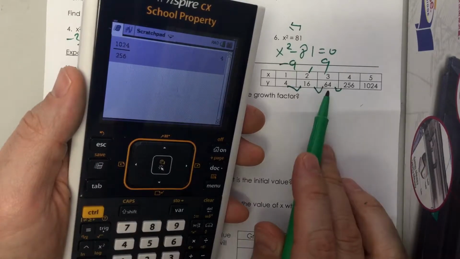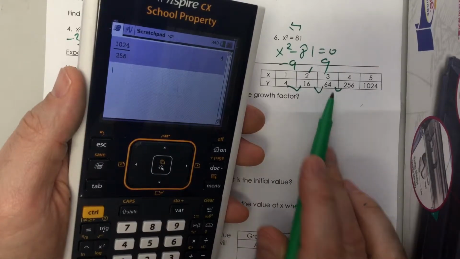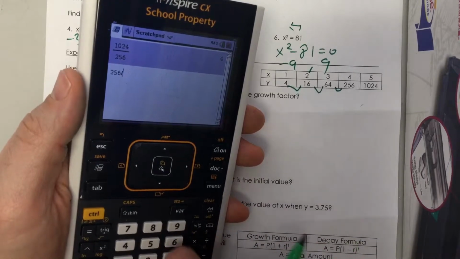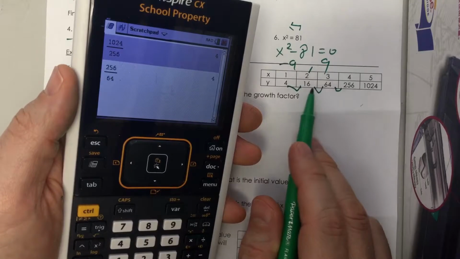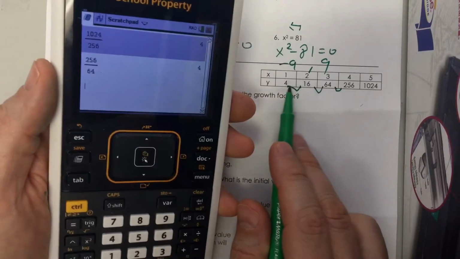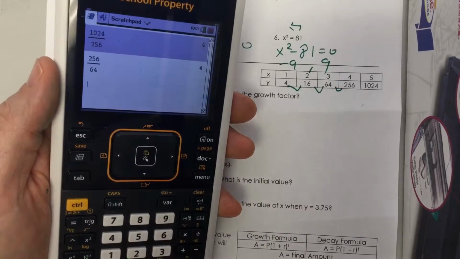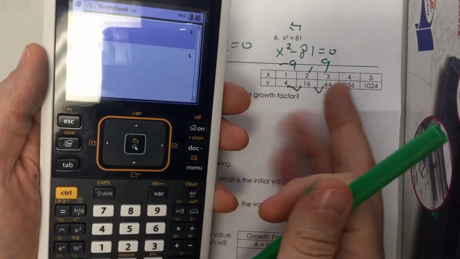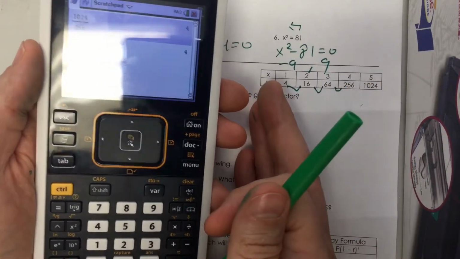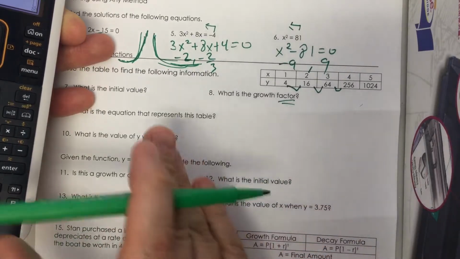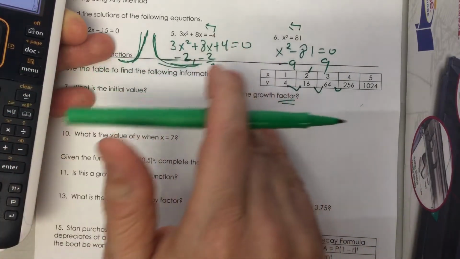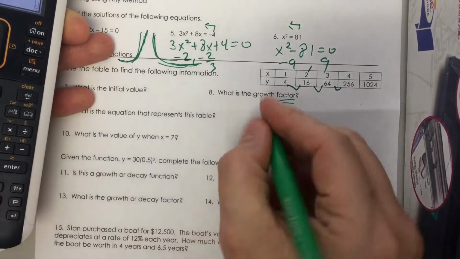Again, when I divide 256 by 64, I get 4. 64 divided by 16 is 4. 16 divided by 4 is 4. So if I'm going backwards, I divide by 4. The factor I'm using to grow going forwards is 4, meaning I'm multiplying by 4.